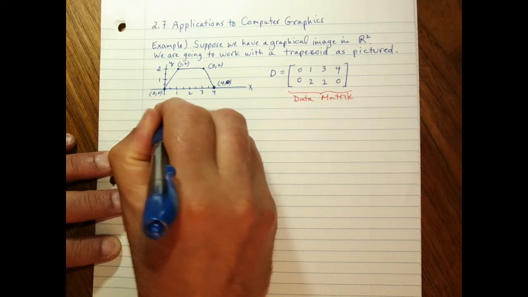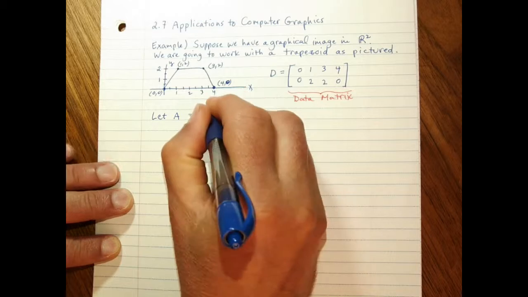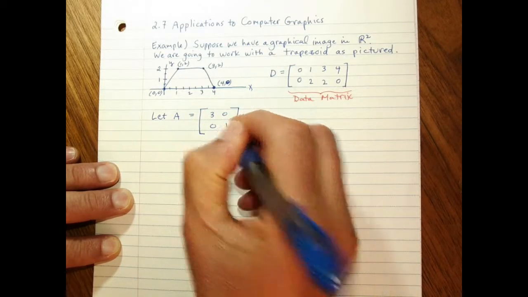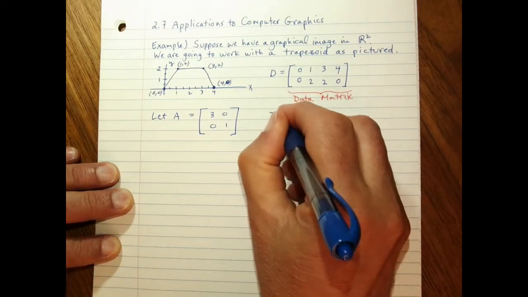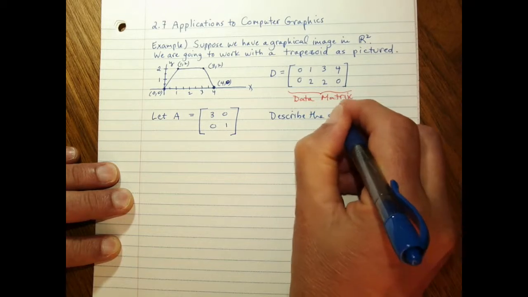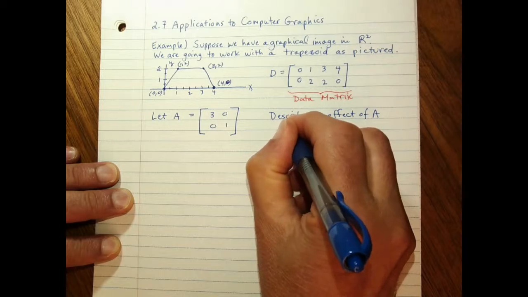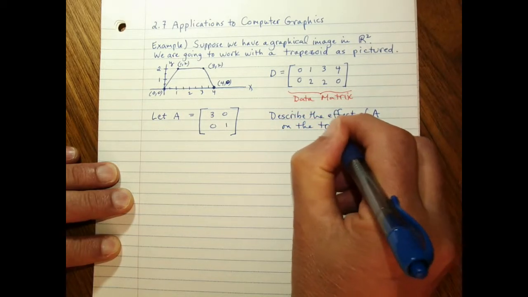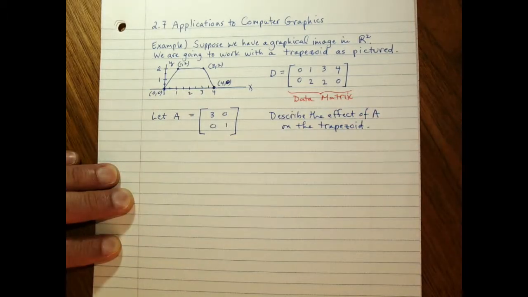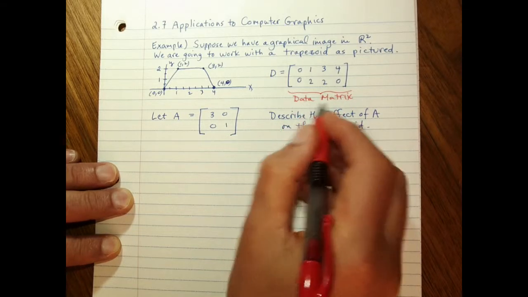I'm going to let A be the matrix 3, 0, 0, 1. And we want to describe the effect of A on the trapezoid. A is not a data matrix.